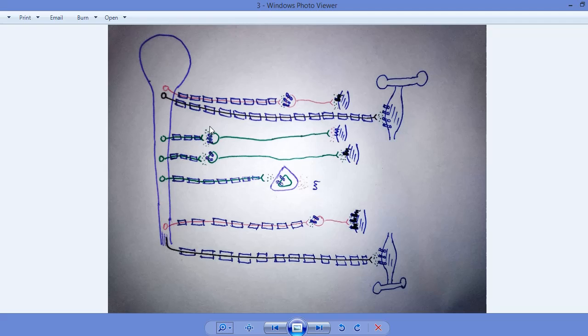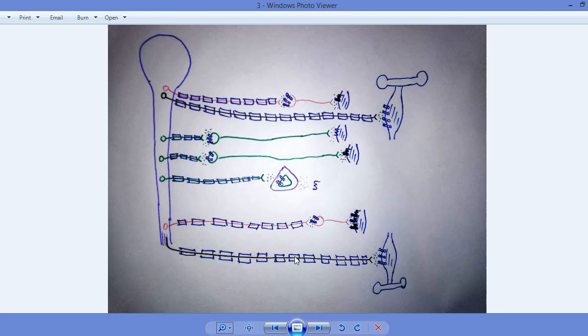But the nerve fiber of the somatic nervous system is heavily myelinated from the point where it arises to the neuromuscular junction.